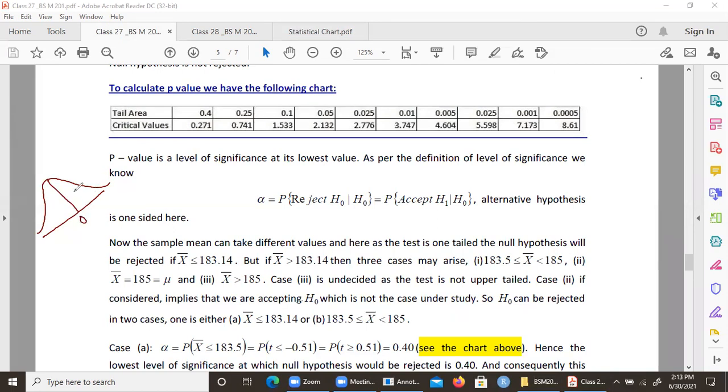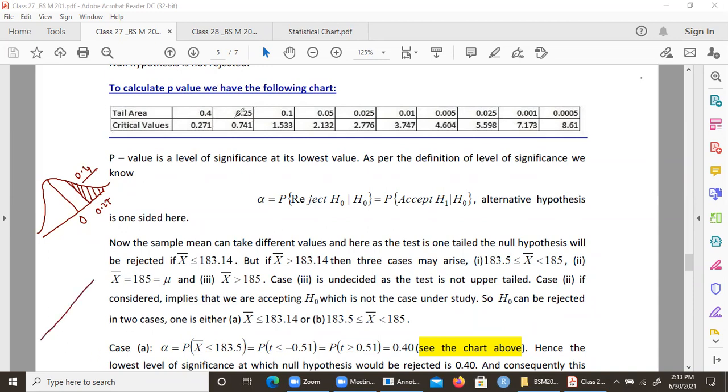This is 0, and suppose this point is 0.271, and this area has the probability 0.4. Okay, 40% is the chance that you are going to fall into the rejection region. So this is the meaning of this particular chart.